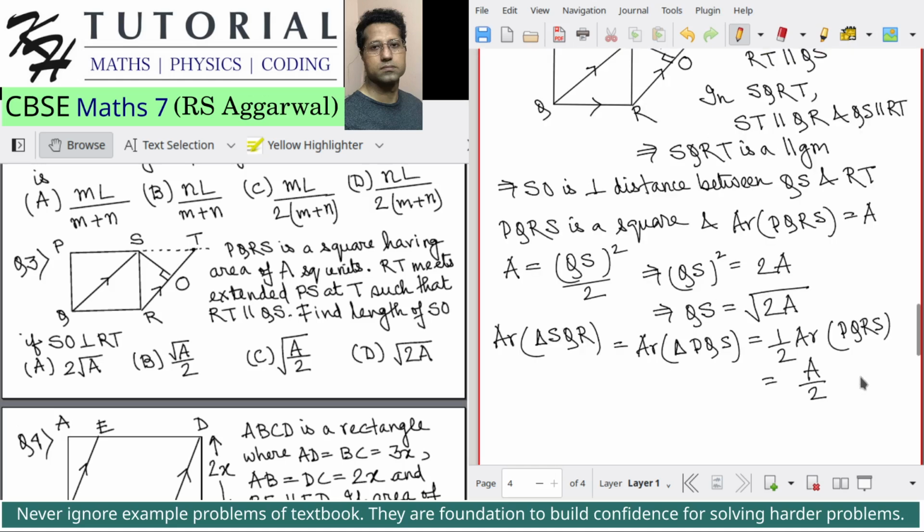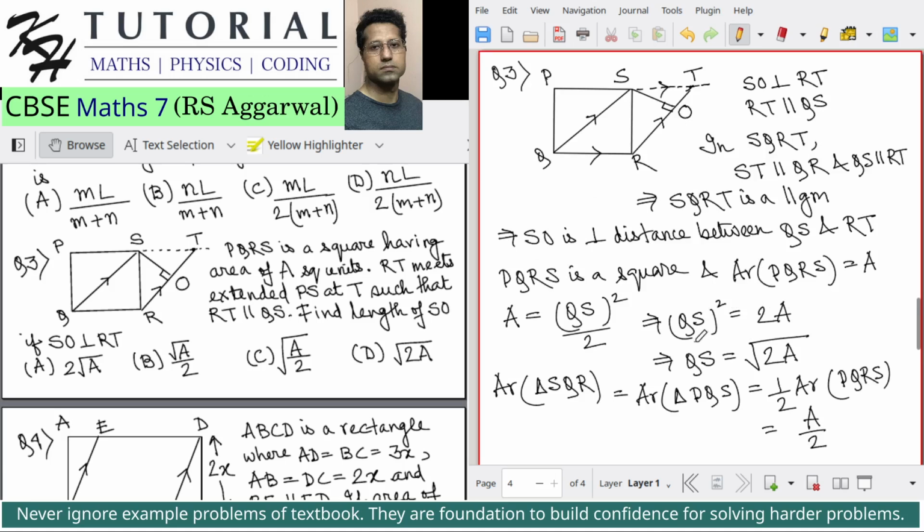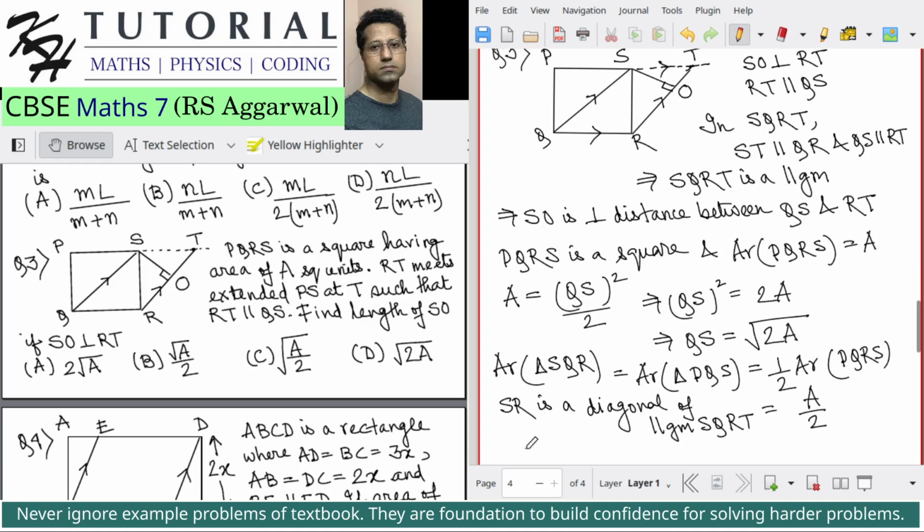Now also see that SR is a diagonal of the parallelogram SQRT. In a parallelogram also, the diagonal divides it into two congruent triangles.